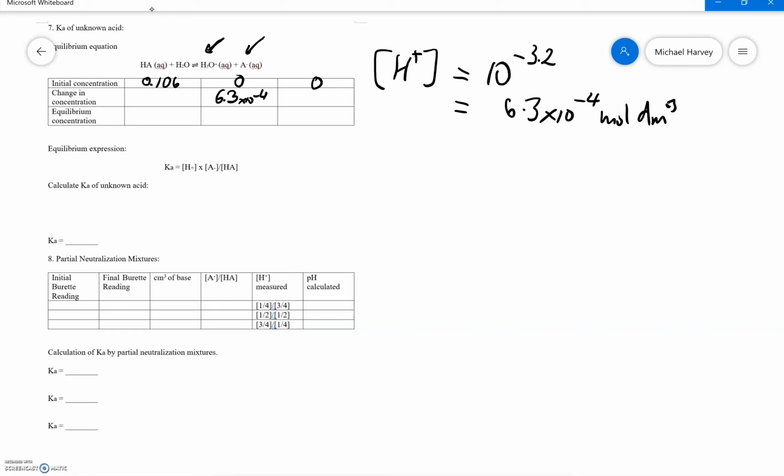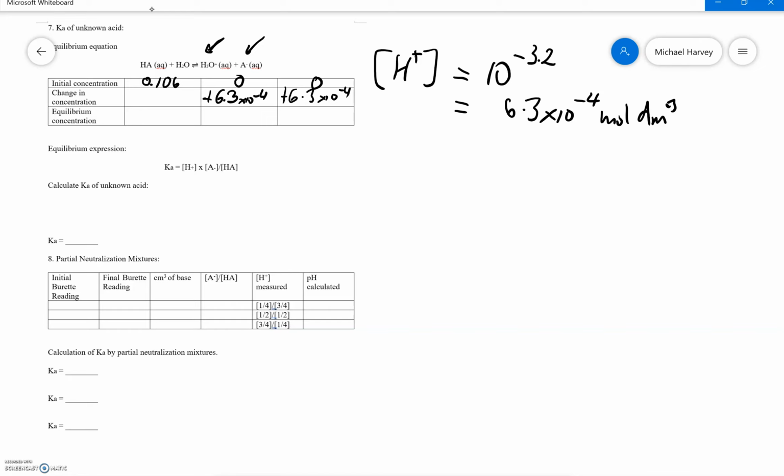Okay, the important thing to note also is that because it is a weak acid, we're going to make an assumption. We're going to assume that the concentration of the hydronium ion is equal to the concentration of the conjugate base. So the concentration is going to be plus as well. Okay, plus 6.3 times 10 to the negative 4 for the conjugate base.